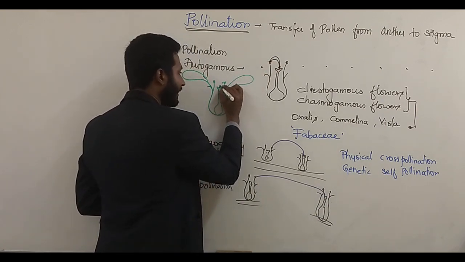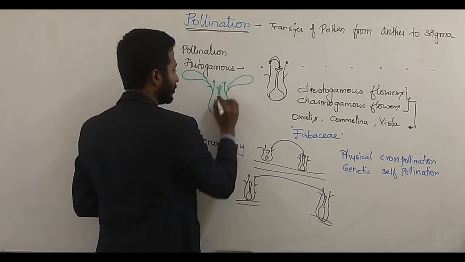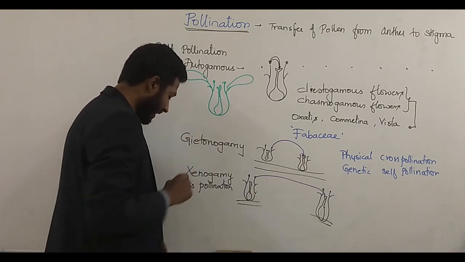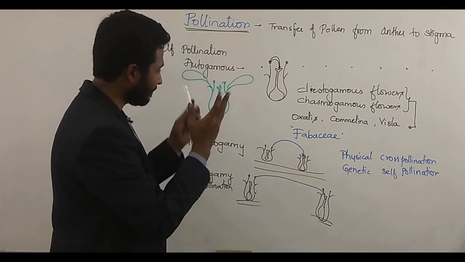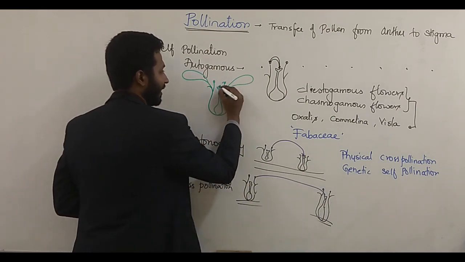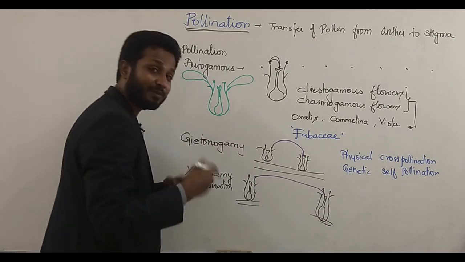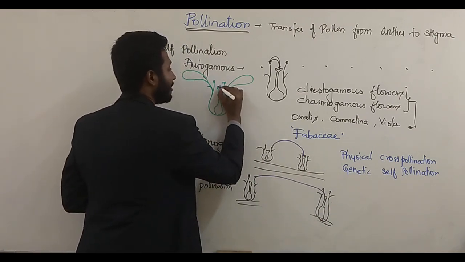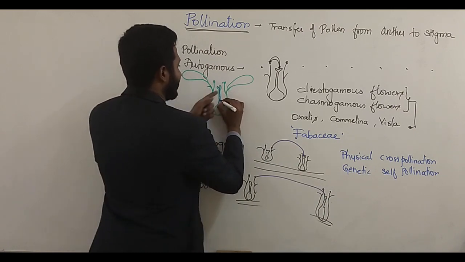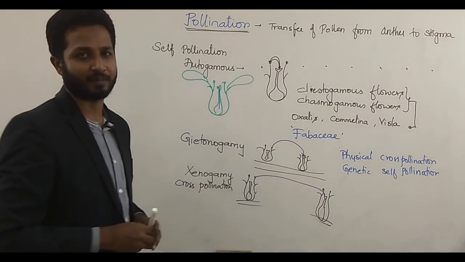At that time this particular pollen grain might already have produced a pollen tube till half the stage of the style. Then after opening up of the flower, you see one strange pollen grain falling onto the stigma. But when it comes to racing, this strange pollen grain is going to germinate faster and it will leave the green pollen grain behind and reach the bottom and fuse with the female gamete.